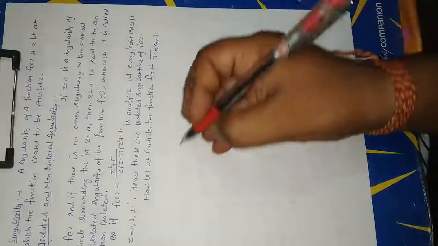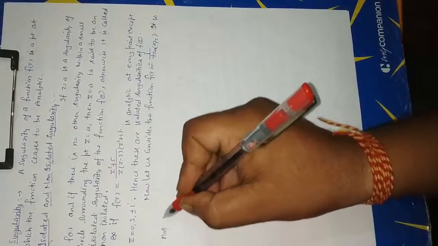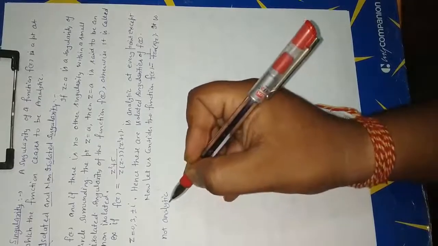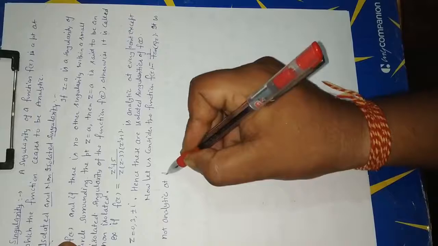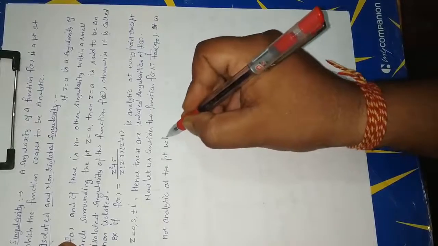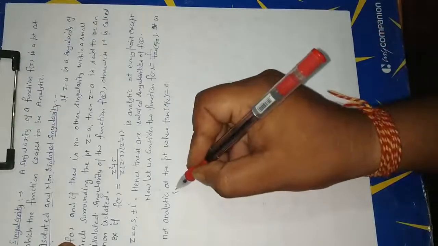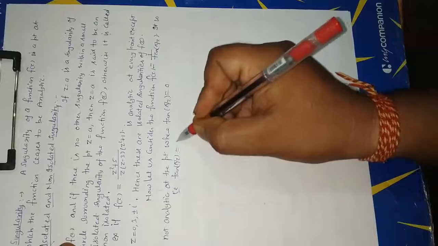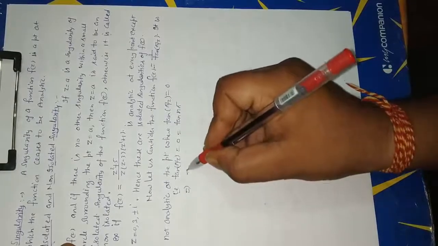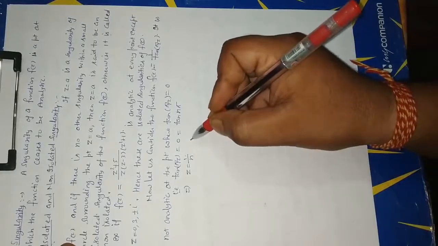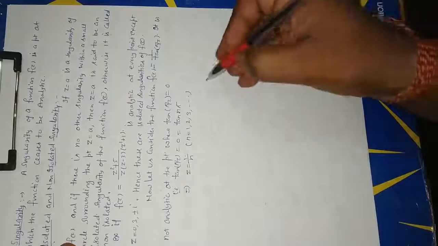It is not analytic at the points where sin(pi by z) is equal to 0, that is, pi by z is equal to n pi, which implies z is equal to 1 upon n, n equal to 1, 2, 3, and so on.